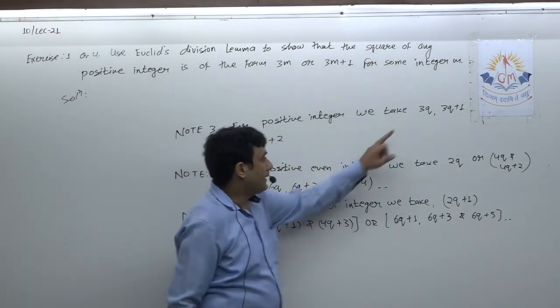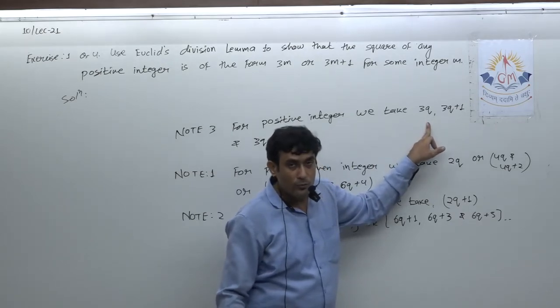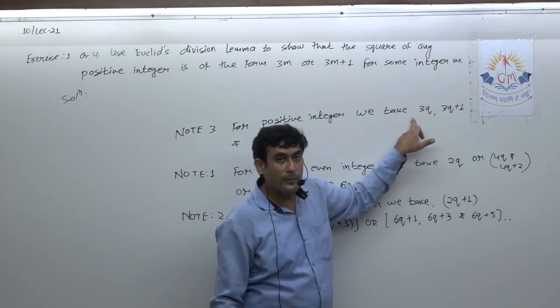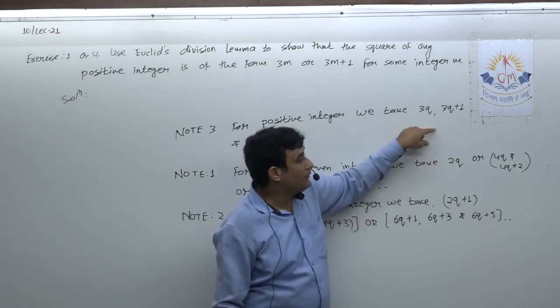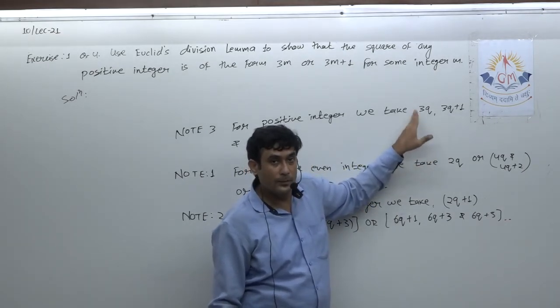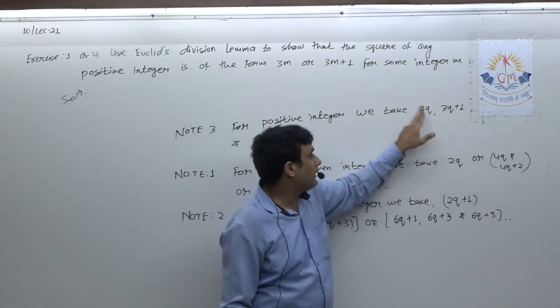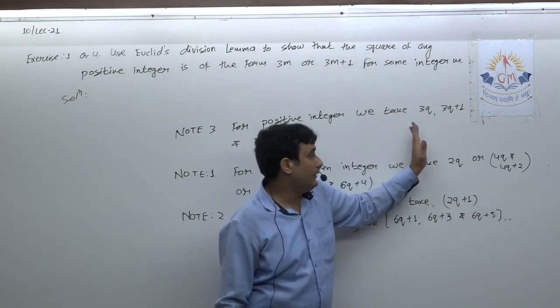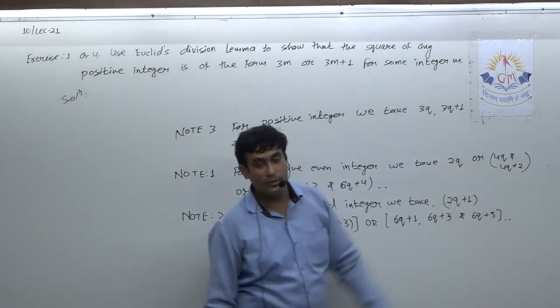Okay, you can check. If you put q equal to 2, it will be even. If you put q equal to 1, it will be 3, that is odd. That means for different values of q, sometimes it is even, sometimes it is odd. So this I can say represents all integers, not only even integers, neither only odd integers.